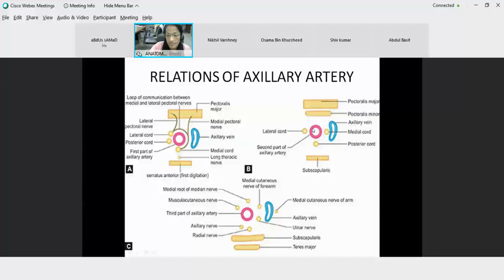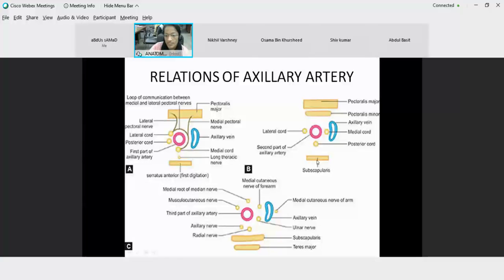Now coming to the second part of axillary artery, here anteriorly we have pectoralis minor muscle. Posteriorly, we have the posterior cord of the brachial plexus and subscapularis muscle. Subscapularis muscle you will learn in detail when you are taught about the scapular region. It is a muscle of the scapular region.